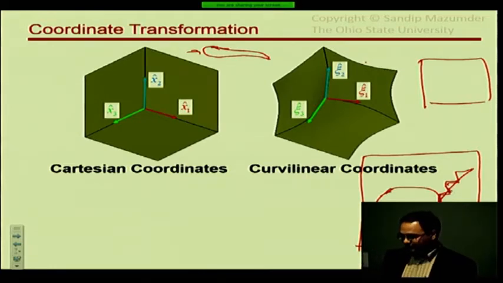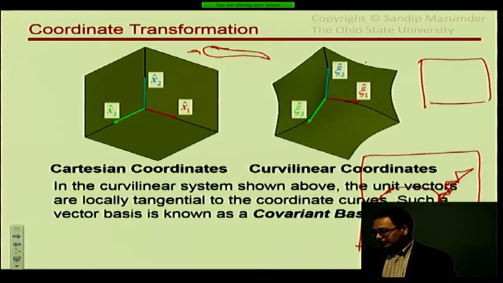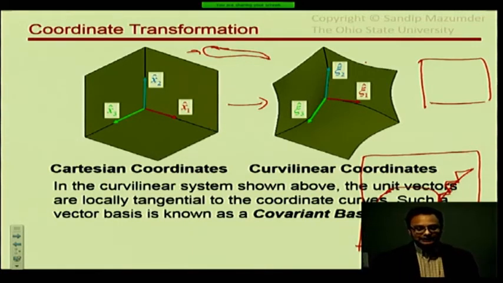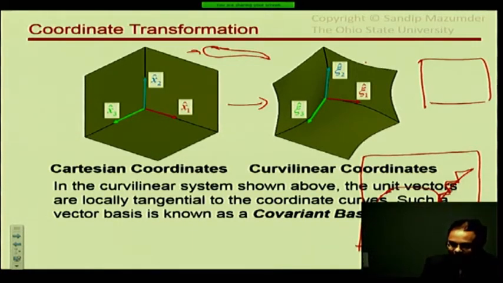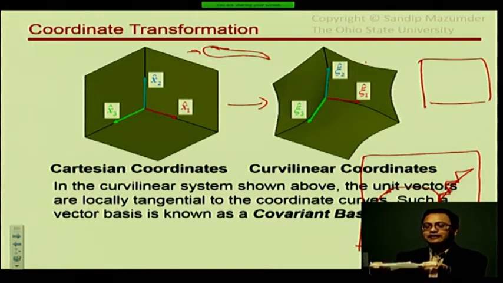So here's the idea: what you're trying to do is map this onto that. The best way to think of it is, if I take a square piece of paper and I want to model some other object of some other shape, think of this paper as made out of Play-Doh.